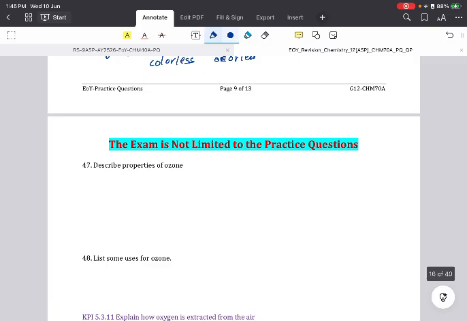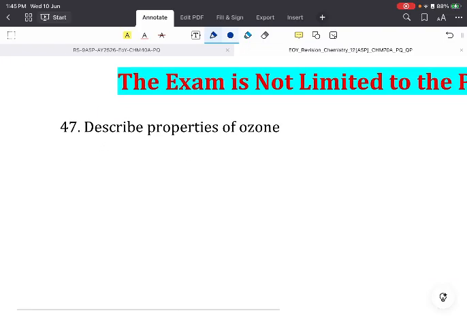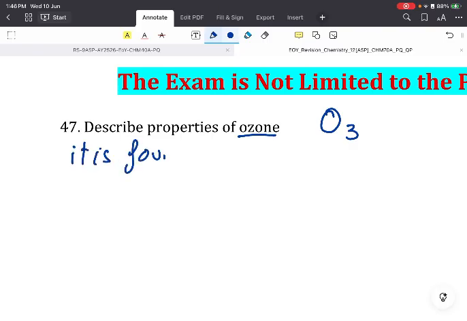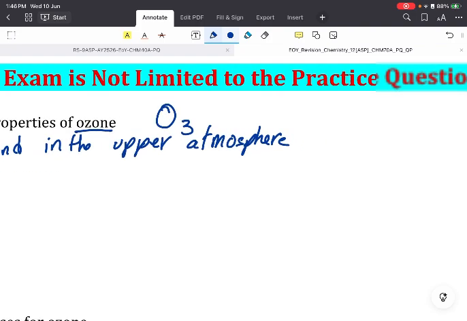Now, moving on, the next question: describe the properties of ozone. What is ozone? Ozone is the allotrope of oxygen, and it is O3. Where do we find ozone? It is found in the upper atmosphere. Let's think about what we know about ozone. Doesn't ozone protect us from the harmful UV radiation coming from the sun?